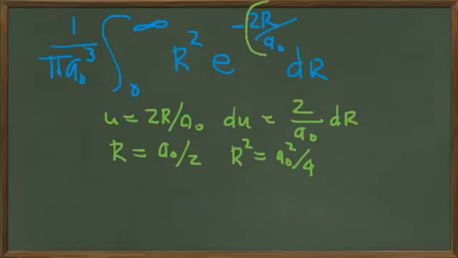So this exponent, or the circled part, is u, and so we're integrating e to the minus u.